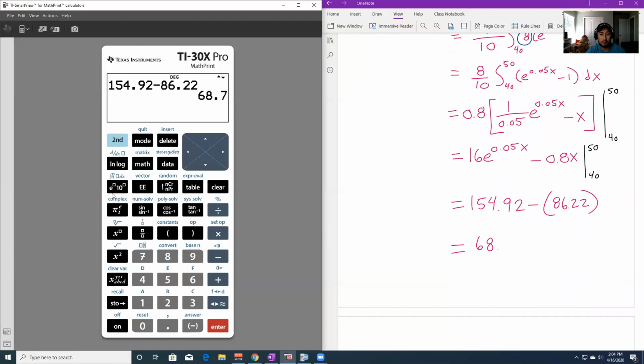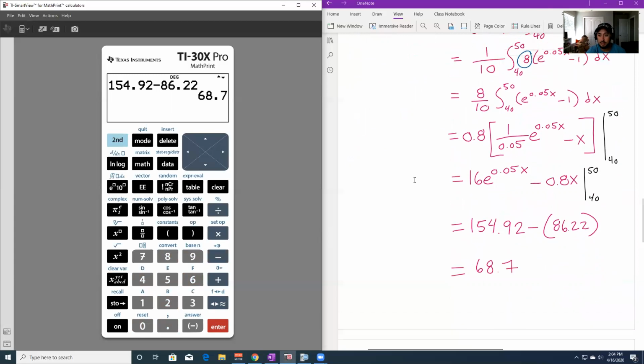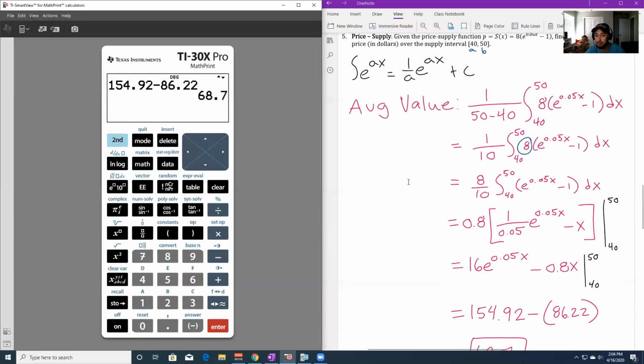Now let's double check our work. Which part do I type into my calculator? I'm typing in this part. Okay, here you go.